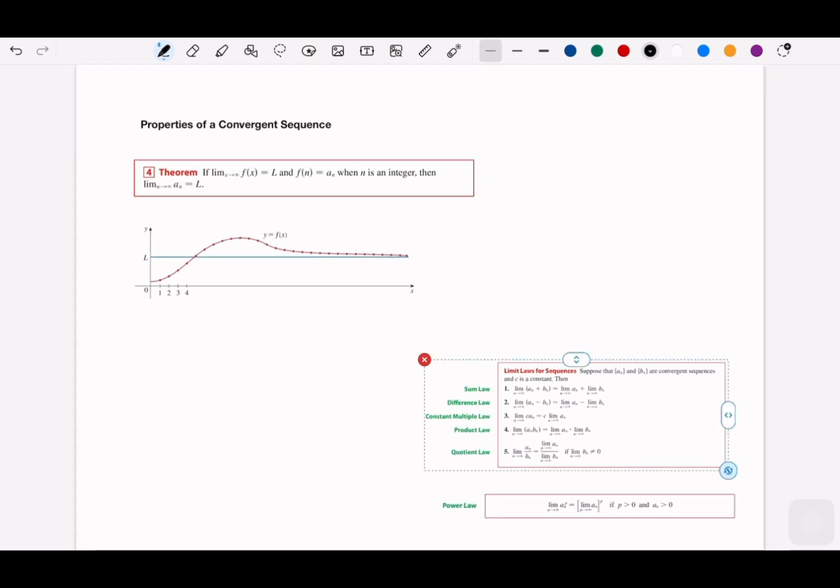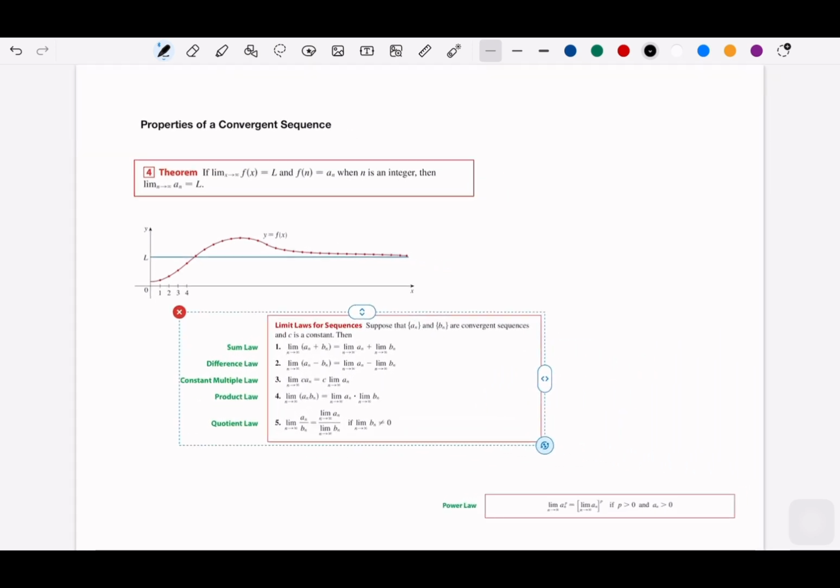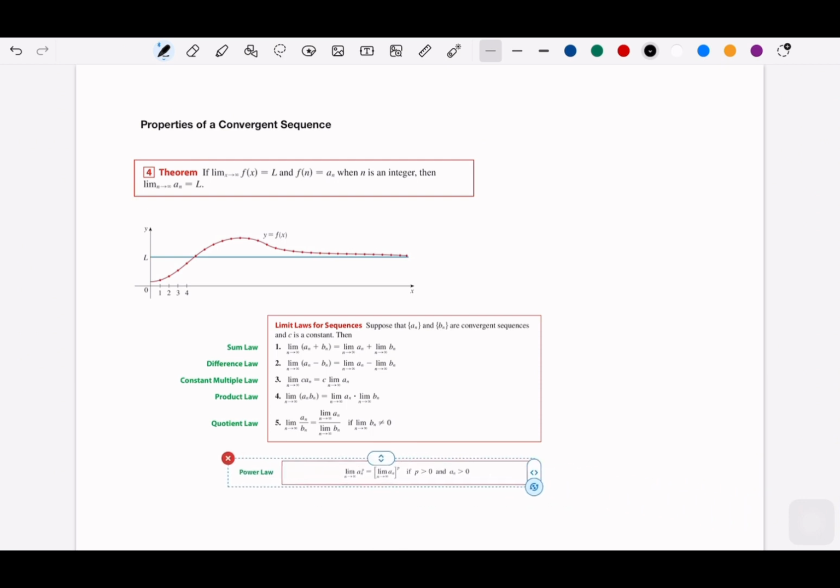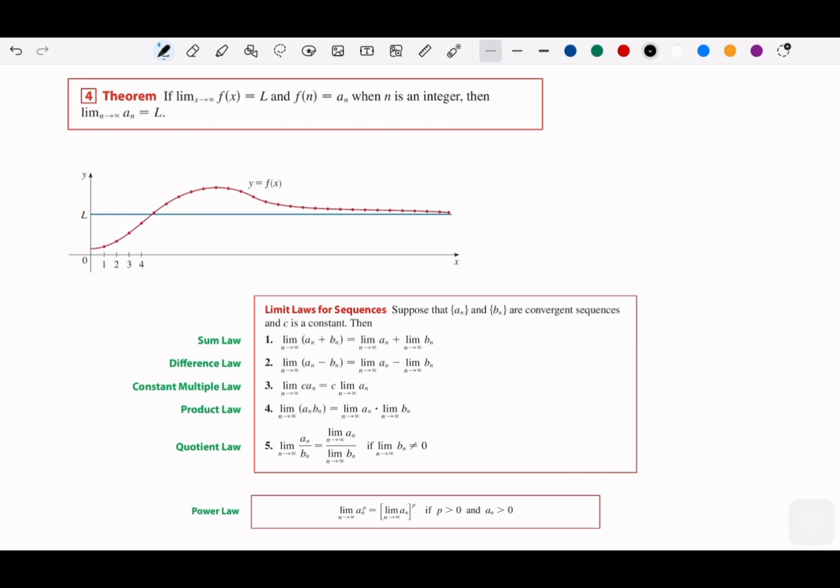So for the limit laws, they will exist. And I think if you understand limits very well, this is the same as the limit properties you have in calculus 1. So nothing really new.